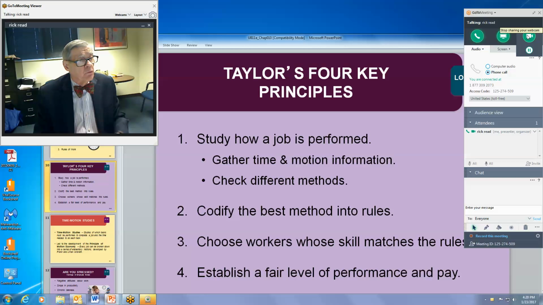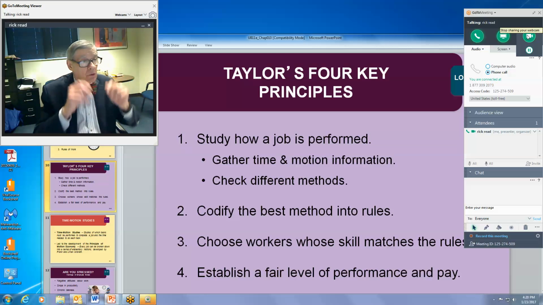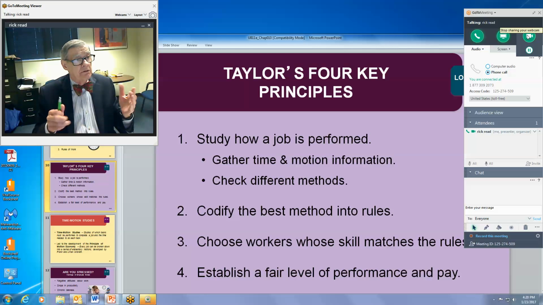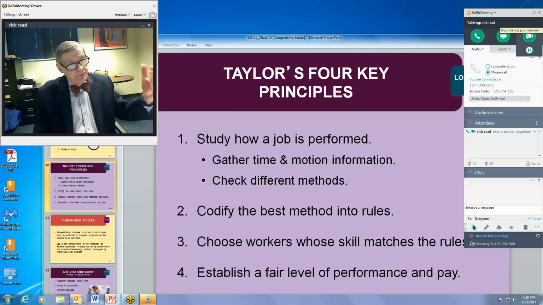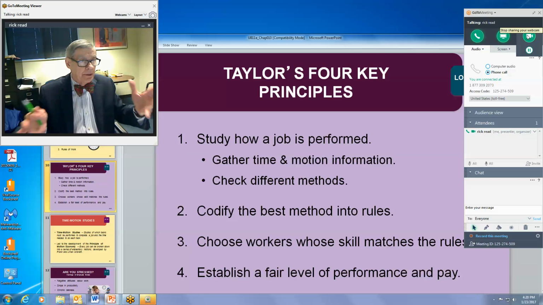Taylor did his work and then published it later on with Bethlehem Steel in 1911. And his classic example was working with a gentleman by the name of Schmidt, who was a pig hauler. People who haul pigs were hauling slabs of iron ore that weighed 100 pounds, called a pig, down to be smelted down and moved and become steel.